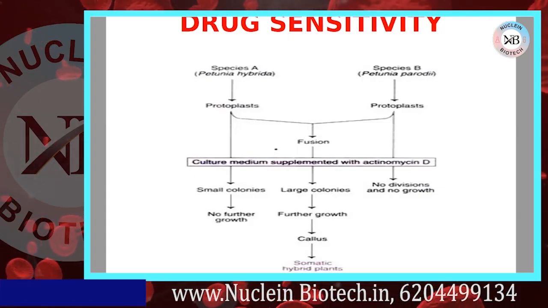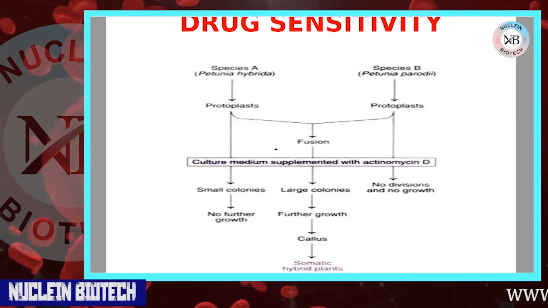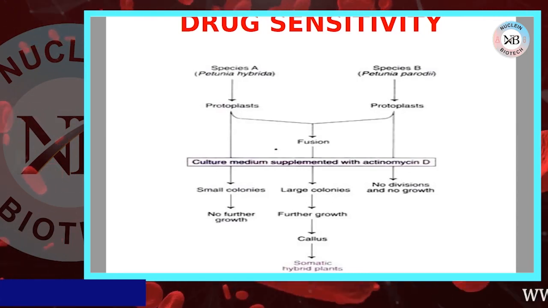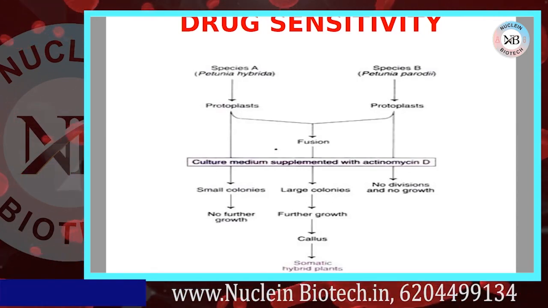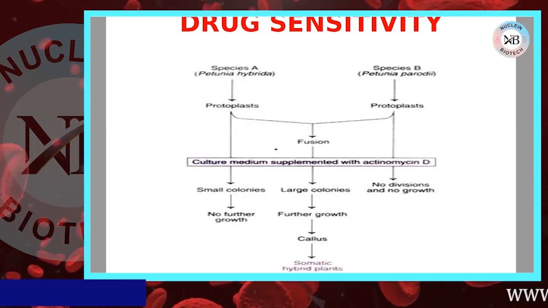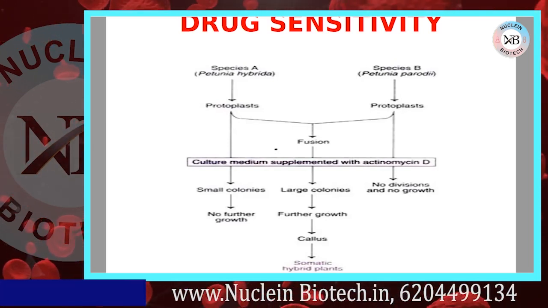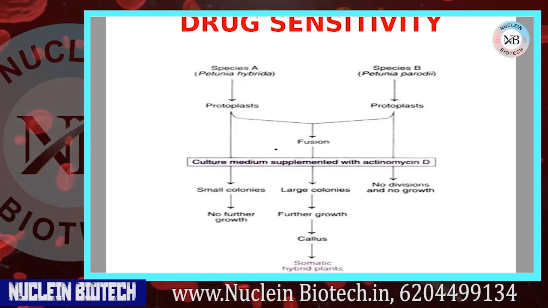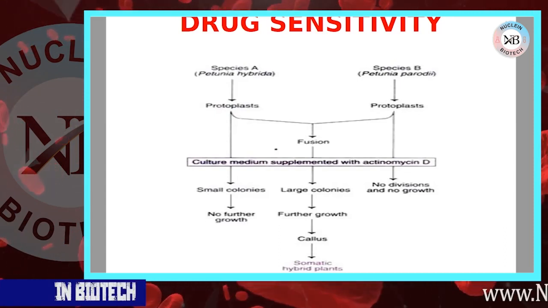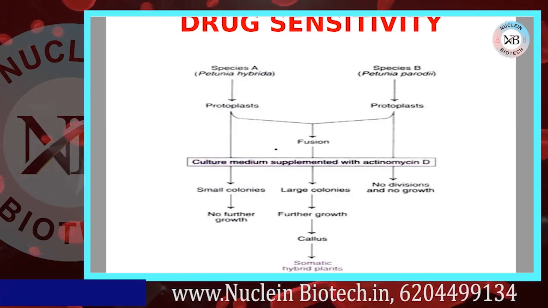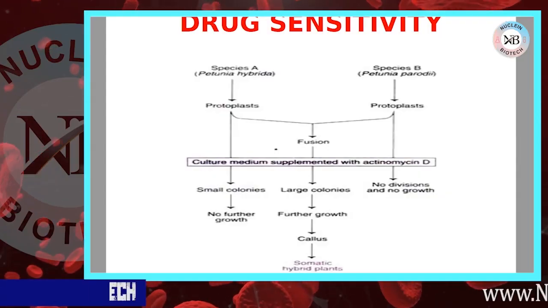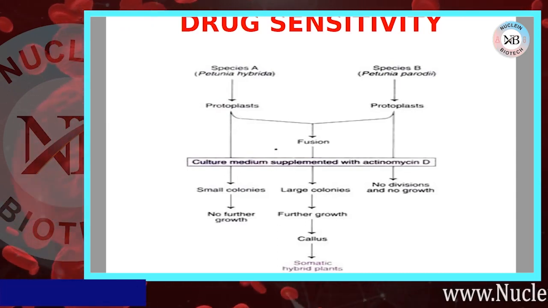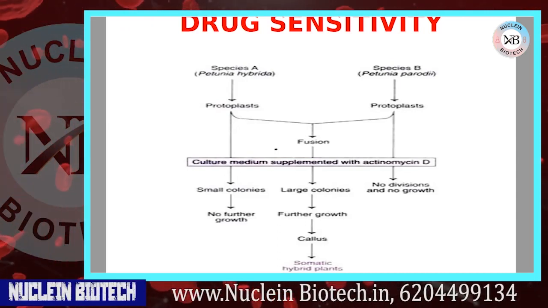Here are two species of the same plant, in which species A can form microscopic callus on MS medium but is sensitive, or we can say inhibited, by actinomycin D, and species B can form small colonies but is resistant to actinomycin D. When these species are fused together, the fused protoplast shows both characters, formation of microscopic colonies and resistance to actinomycin D on MS medium, and this helps in selection of the hybrid.